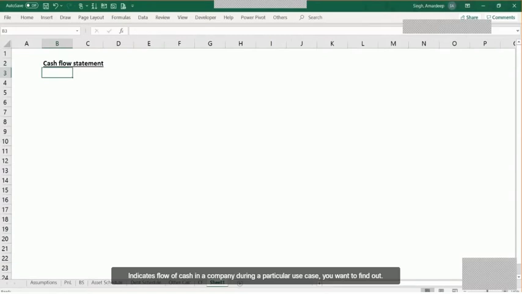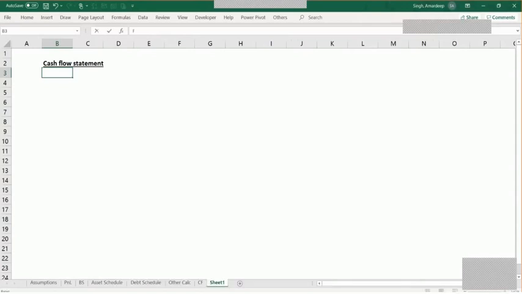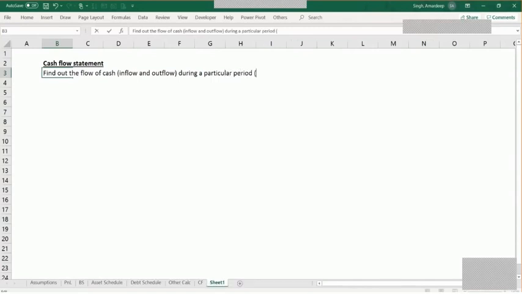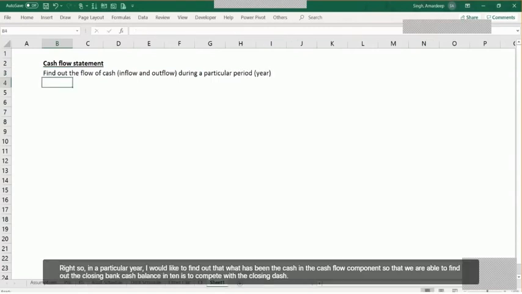In a particular year, I would like to find out what has been the cash inflow and the cash outflow component, so that we are able to find out the closing cash balance. The intent is to compute the closing cash balance.